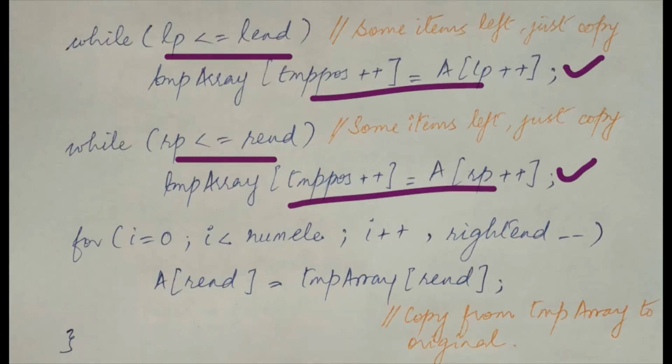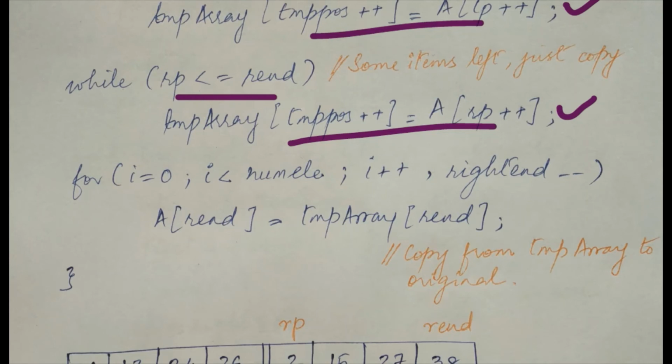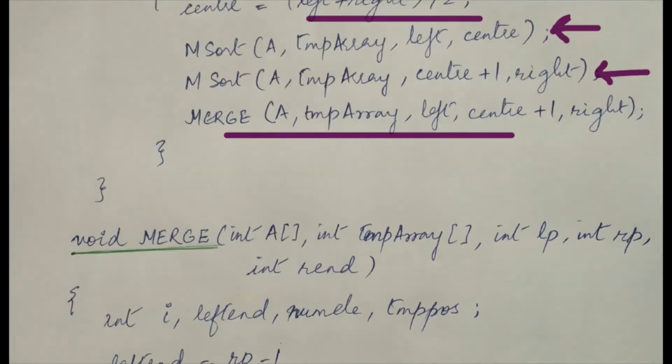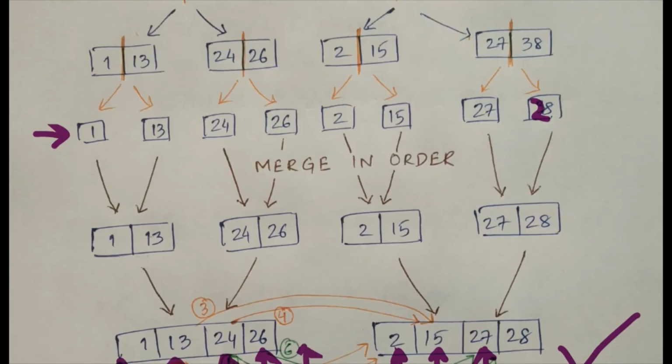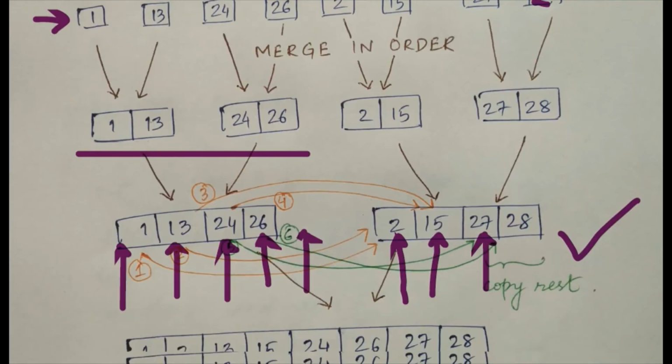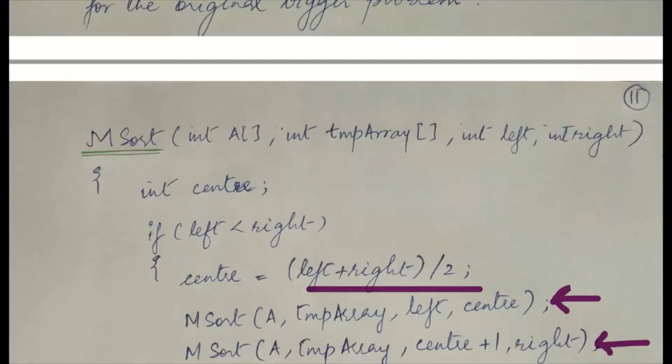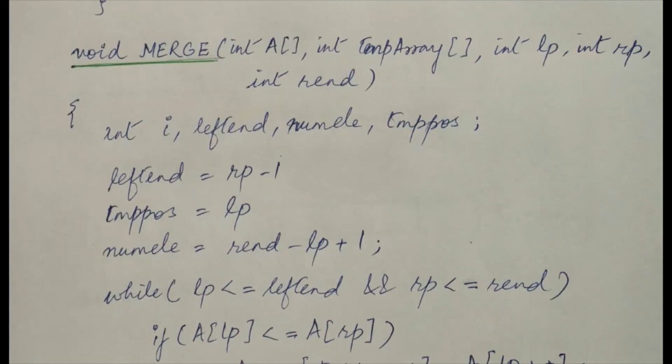So after merging these two, we are taking everything from the temporary array and putting it in the main array. Why? Because when you are merging at this level, we want to make the changes within the main array itself, so that when we are comparing, we actually compare based on the left and the right pointer.